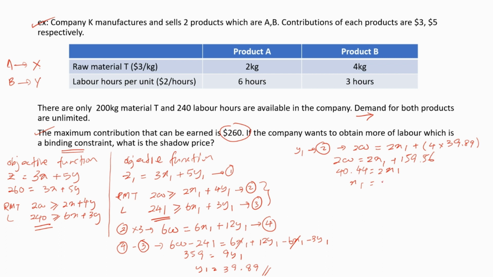X1 is equal to 20.22. So these are the new x and y values when the business obtains one more unit of labor. Now let's assign these x1 and y1 values to the first equation so that we can find the new total contribution. Z1 is equal to 3x1 plus 5y1.